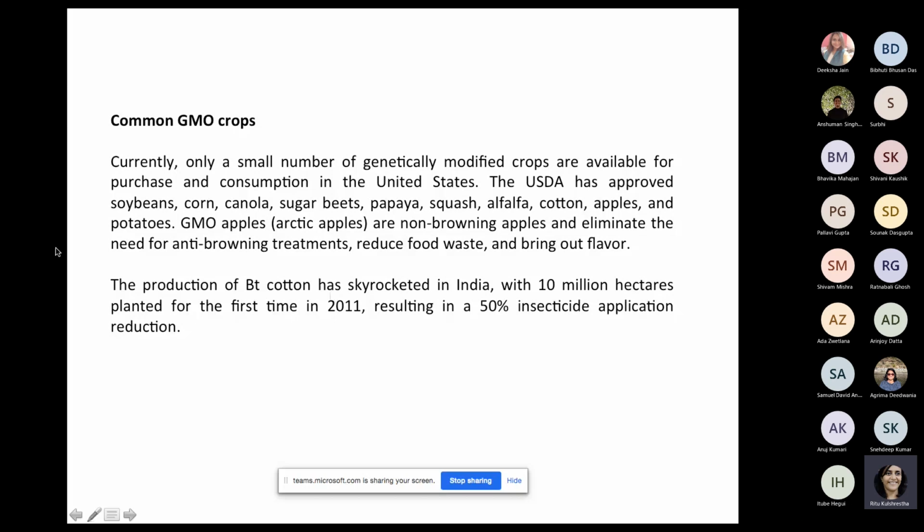I think India is the first or the second largest producer of BT cotton in the world. It's in very large fields that BT cotton has been allowed to be cultivated.